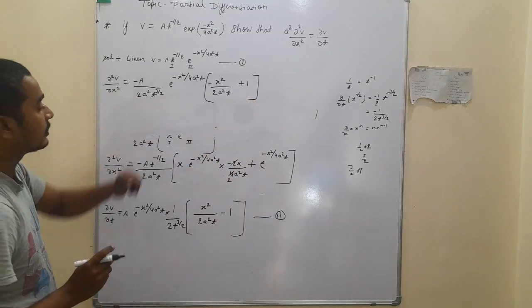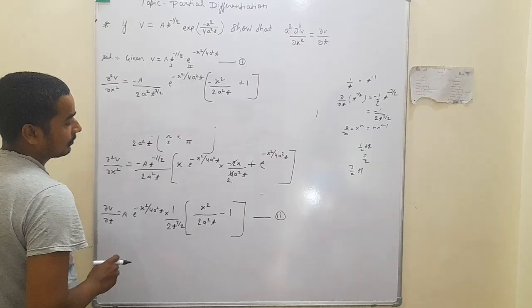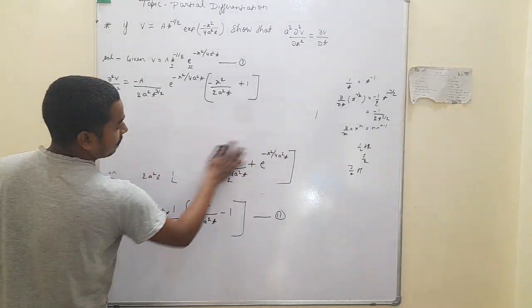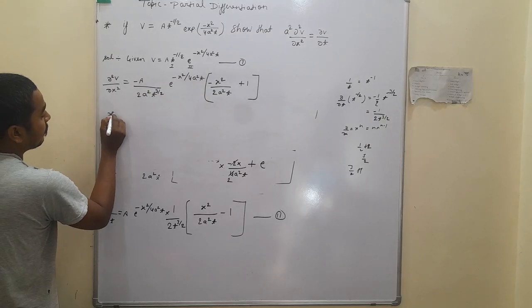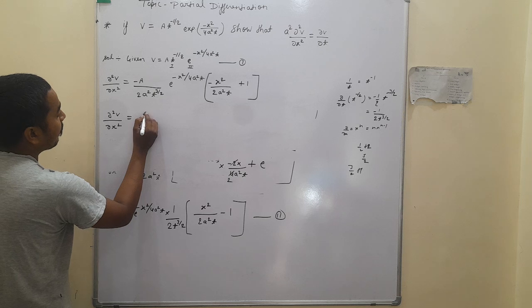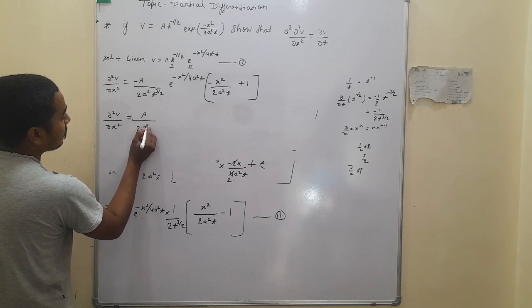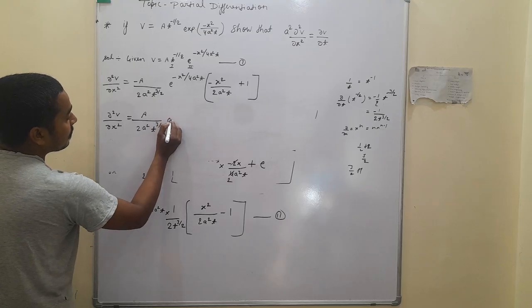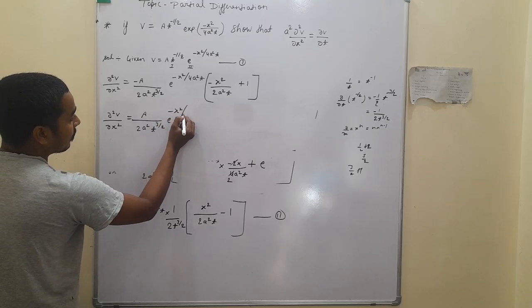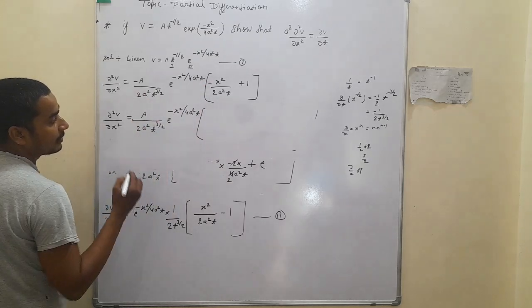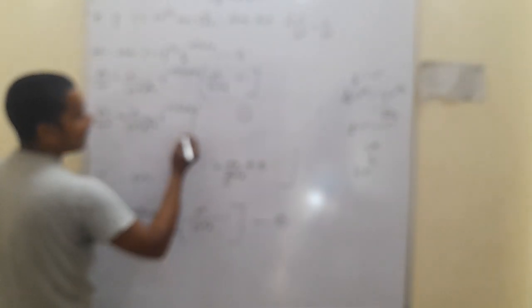This minus multiplied with this bracket gives del 2v upon del x square equal to a upon 2a square into t to the power of 3 by 2 into e to the power of minus x square upon 4a square t, and minus multiplied with this gives plus x square, and here minus of 1.